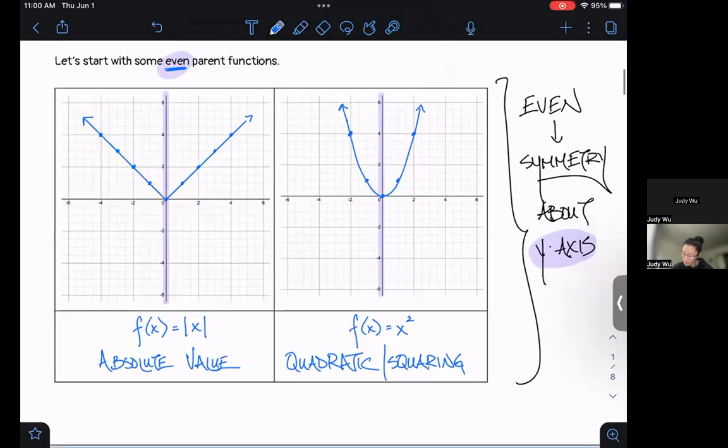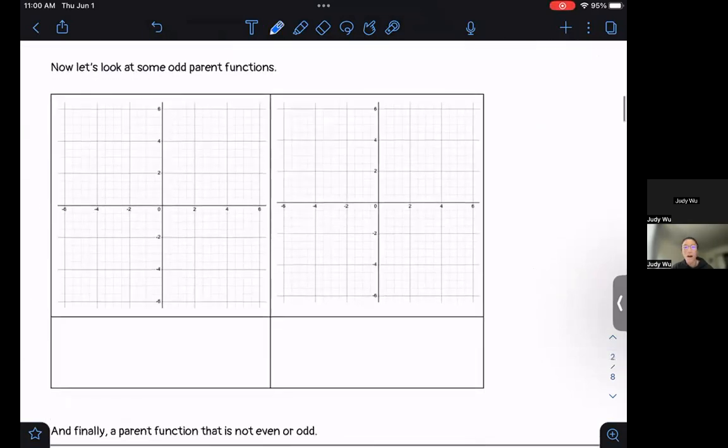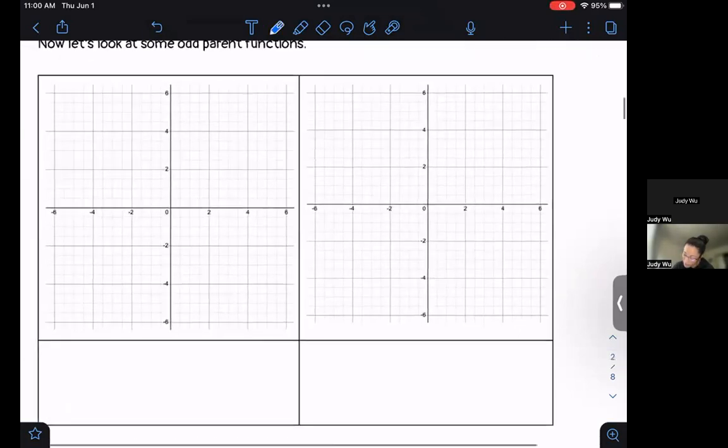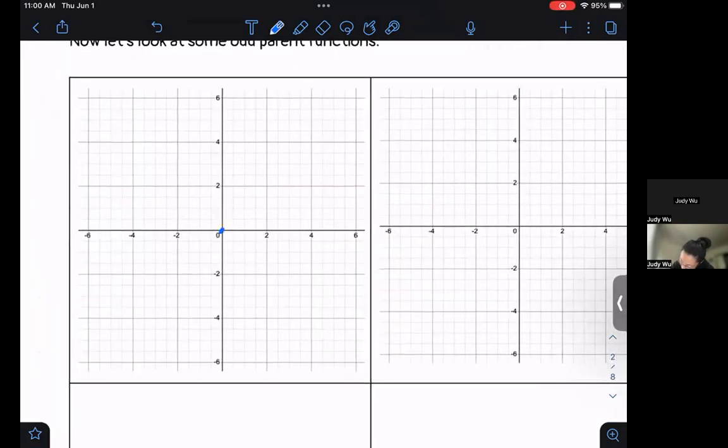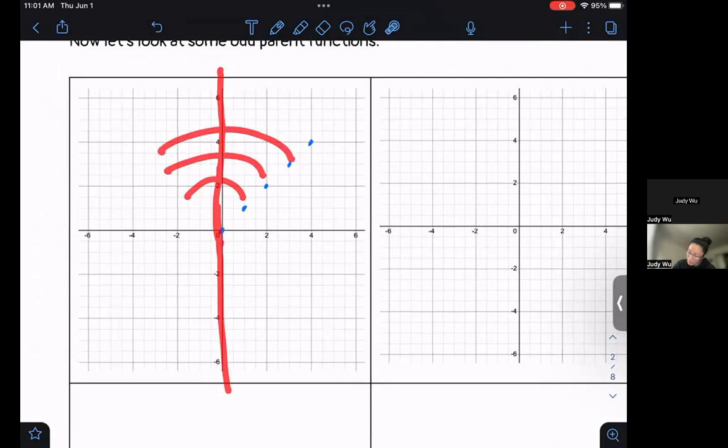Now let's look at some odd parent functions. The first one that we're going to draw, we're going to start at 0, 0, and then go 1, 1, 2, 2, 3, 3, 4, 4. But this time, instead of reflecting over the y-axis, we're going to reflect it over the y-axis and then the x-axis.